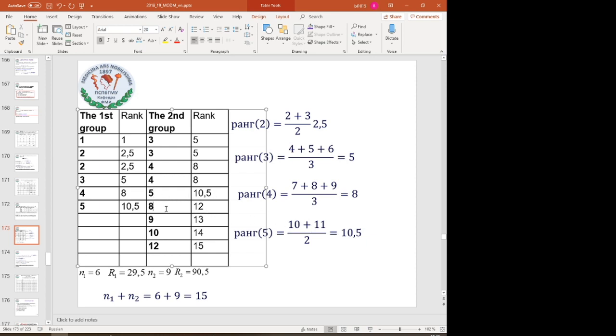After that all numbers are unique, and we go sequentially with the next ranks: 12, 13, 14 and 15. Then we calculate the sum of these. It's 29 and 5.